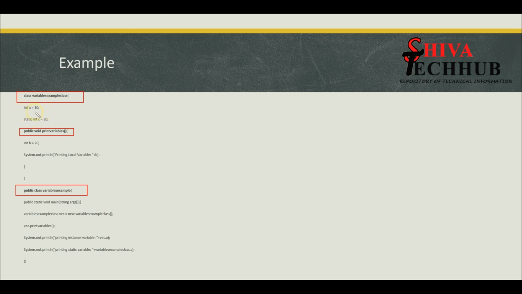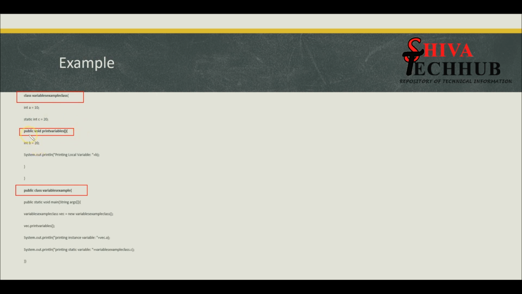The first one you can call an instance variable. As I said, both instance and static variables are defined at the class level. Int a equal to 10, static int c equal to 20. The difference between the first variable and second variable is you have prefixed the keyword static in front of the data type. So this is instance and this is static variable.